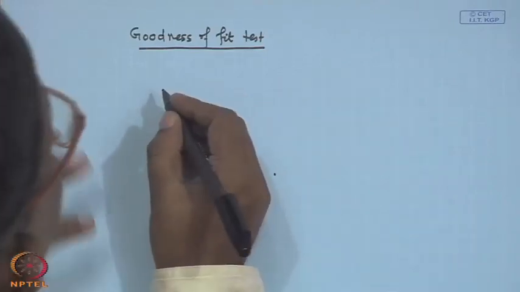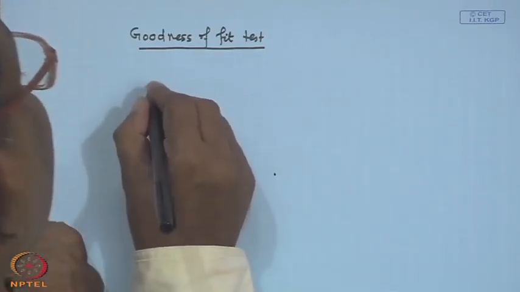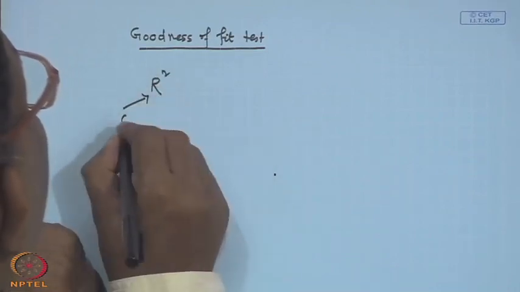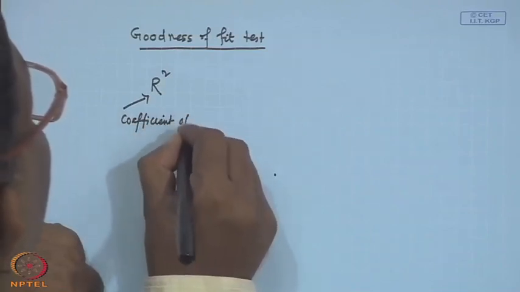In the goodness of fit test, we will use one statistic called R square, which is known as the coefficient of determination.